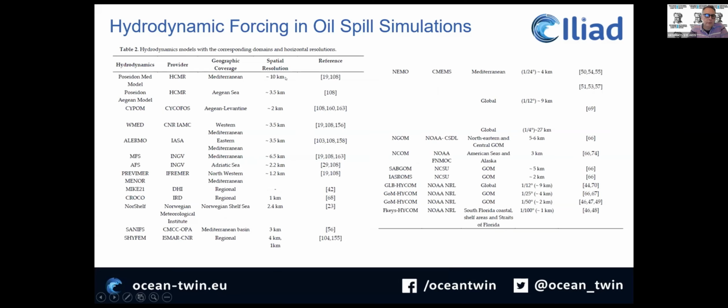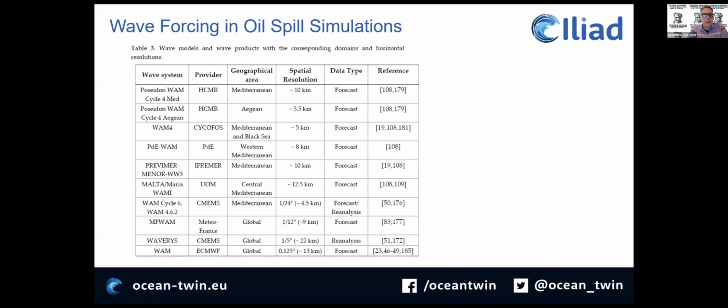The most important, of course, is to pay attention to the spatial and temporal resolution which these products provide, in order to force in an appropriate manner the oil spill model which was selected. And then in terms of wave forcing, again, we see here that there are plenty of wave systems providing wave data products. The providers and the geographical area, with the global products and the regional ones, and the spatial and temporal resolution.